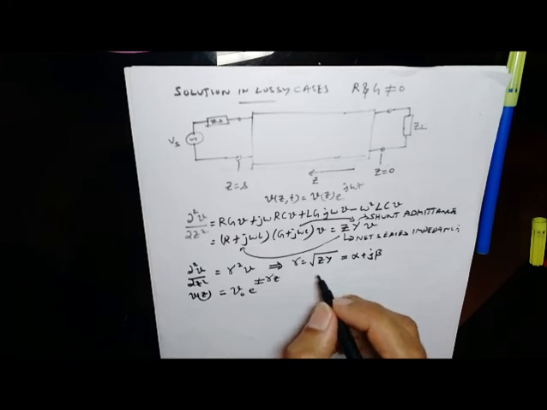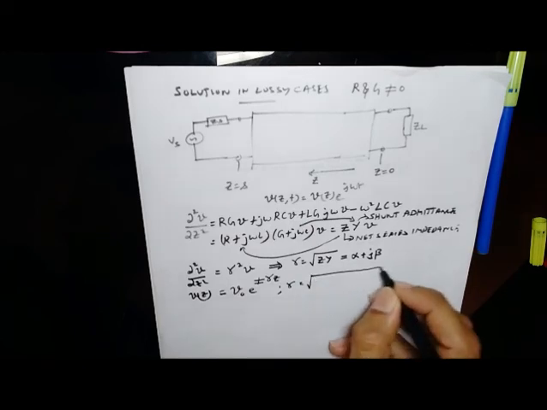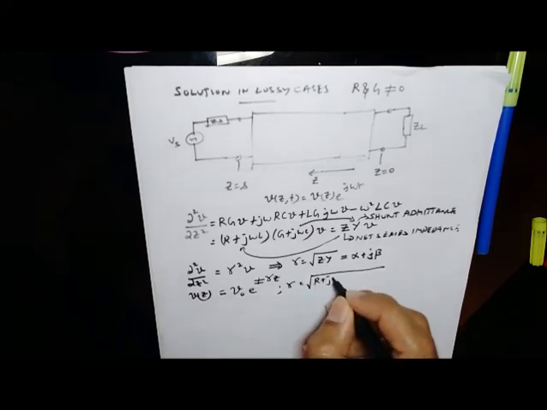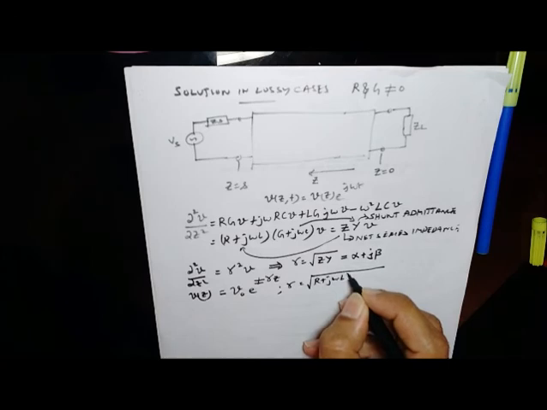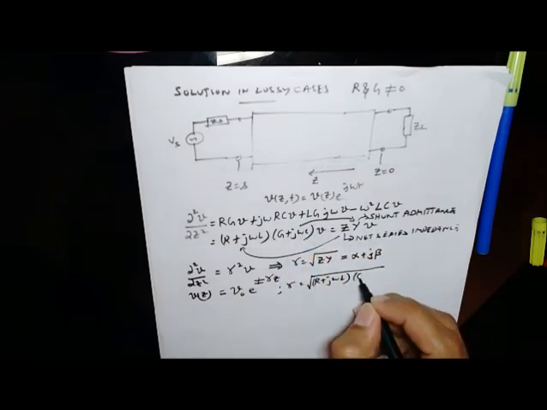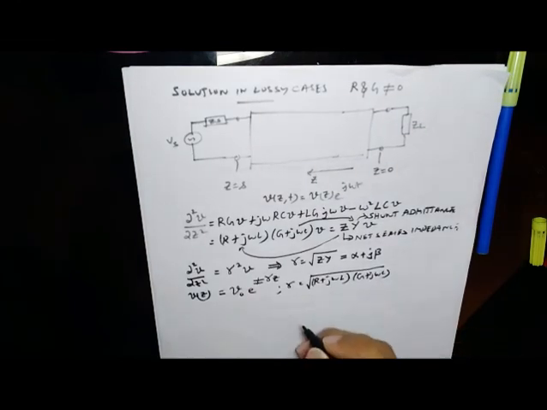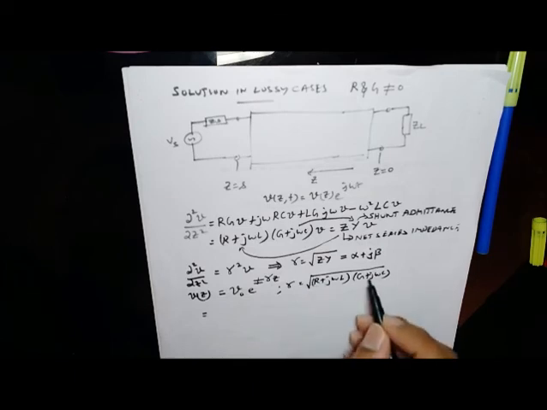where gamma is equal to square root of R plus j omega L, which is obviously mentioned here, into G plus j omega C, which we can simplify. So what I do is I take j omega L common from this and j omega C common from this.